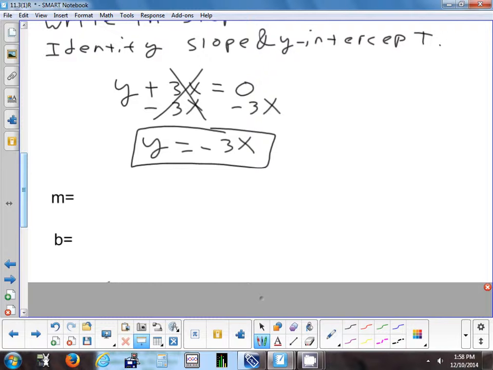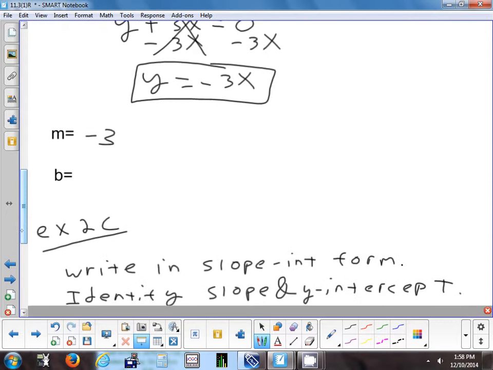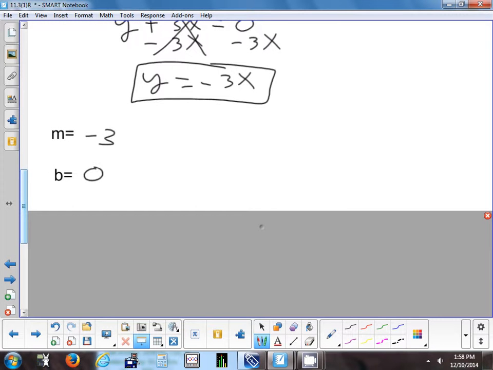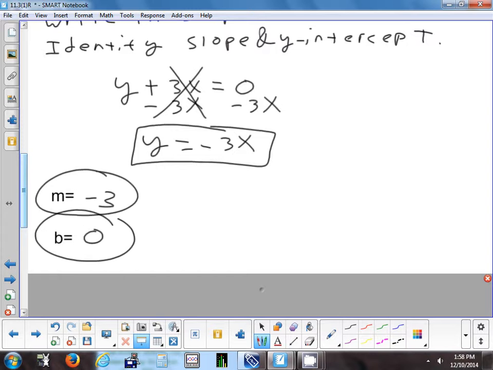X. So what's the number of x? Negative 3. Good. Travis, what's the y-intercept? What's the b? 0, right? There's nothing listed there, so we put 0. Any questions on that? Does everybody feel like they can get y by itself and then tell us the slope and the y-intercept?